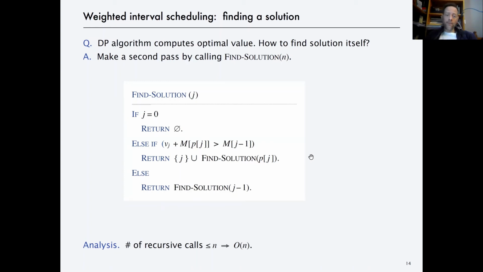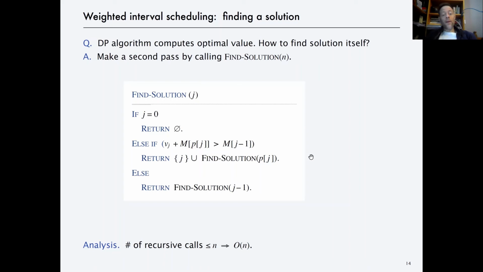One way is to store a pointer. So basically, for each element in your memory, remember where you came from when you did this, so that you build up and store in this table the values that you used.